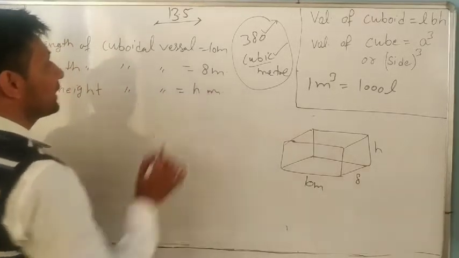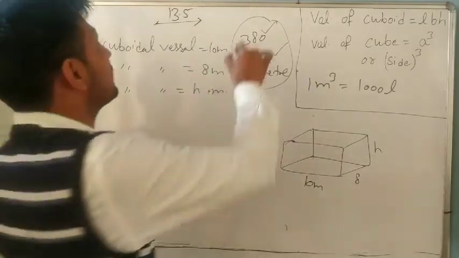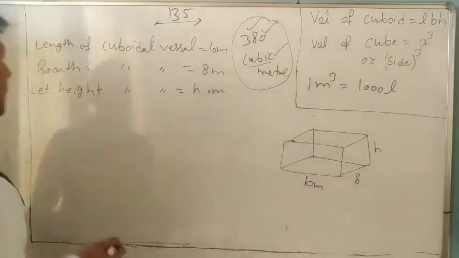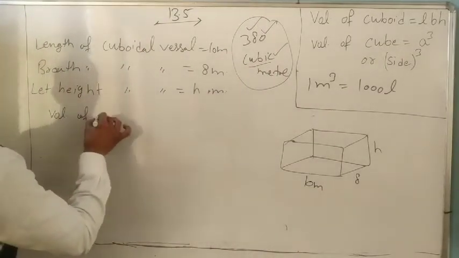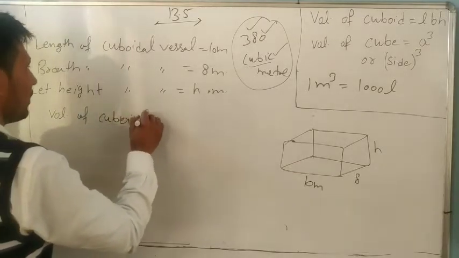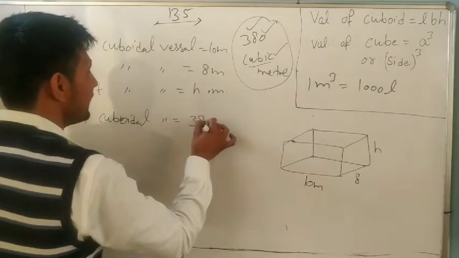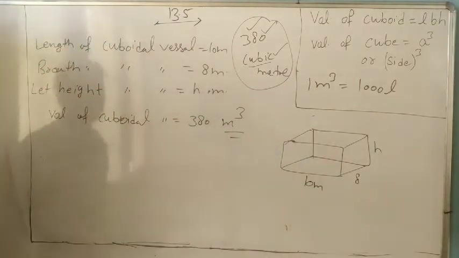But in the question it is given that it can hold 380 cubic meter. So we can write the volume of the cuboidal vessel is 380 meter cube.